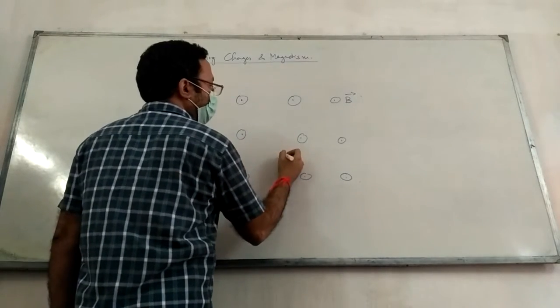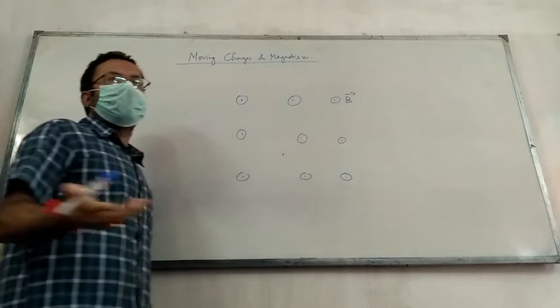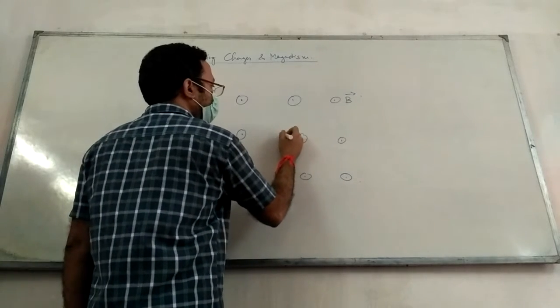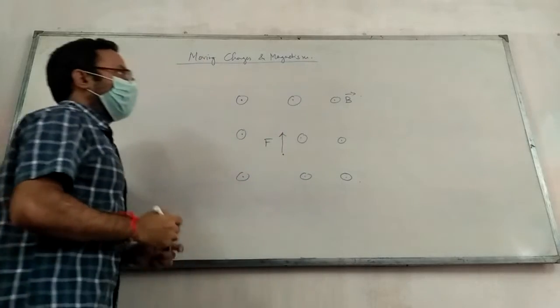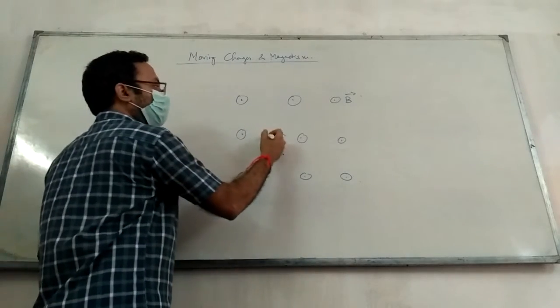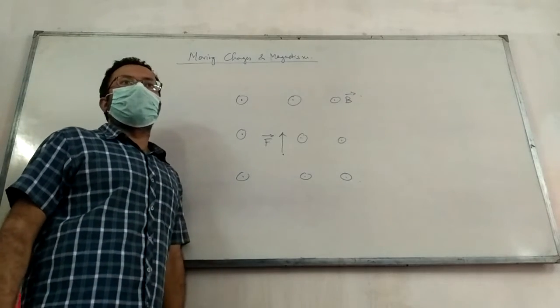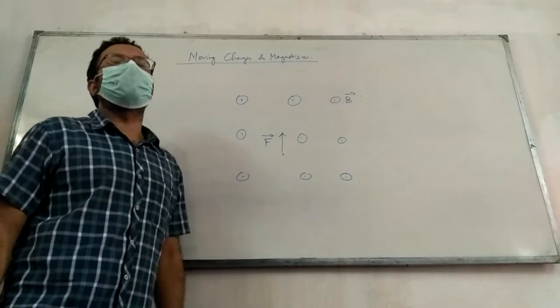And a charged particle is thrown. We don't know which direction it is thrown. We can see that it is experiencing a force in the upward direction, and it is a positive charge. Then which direction is it thrown?